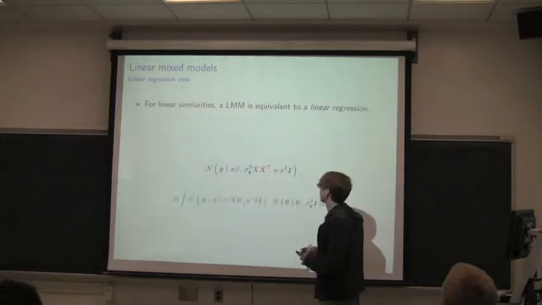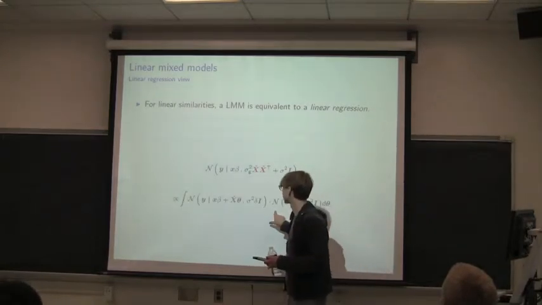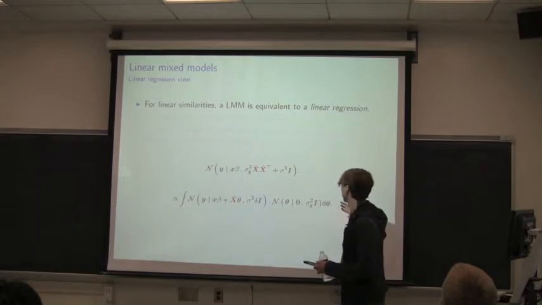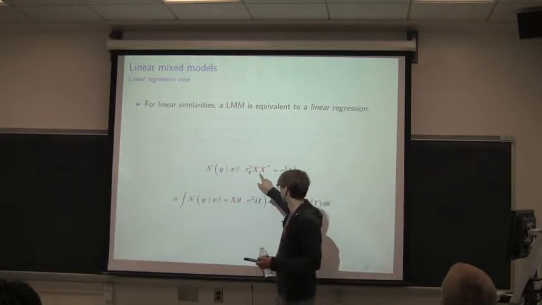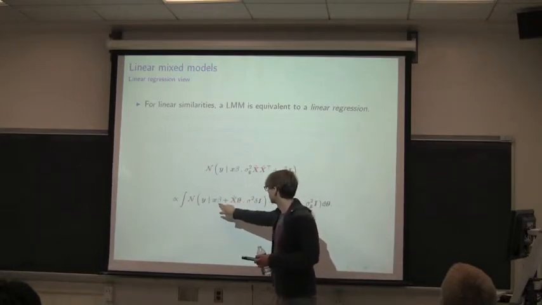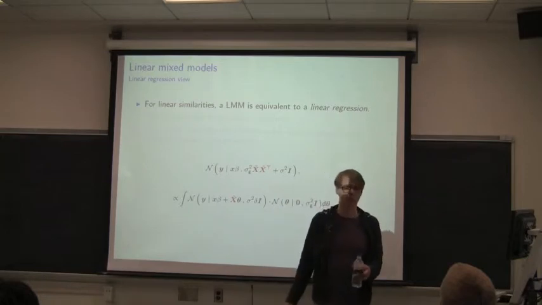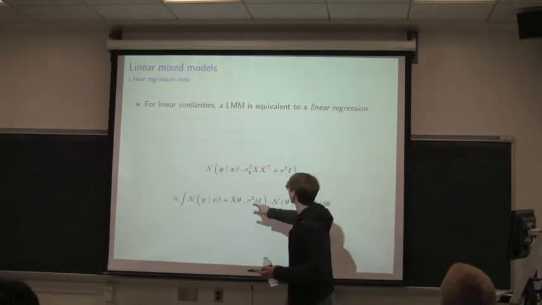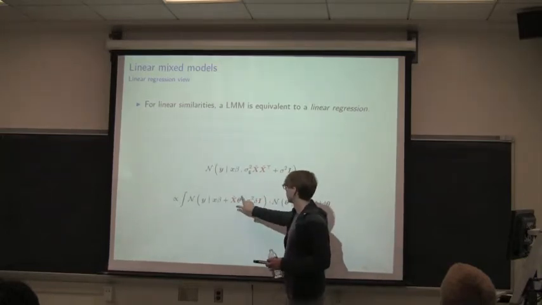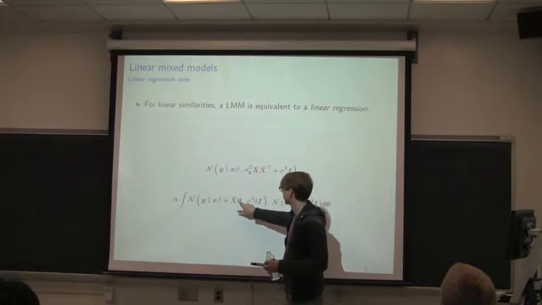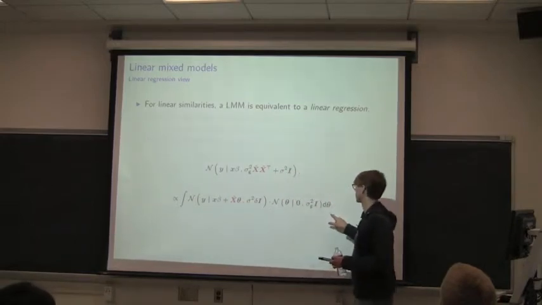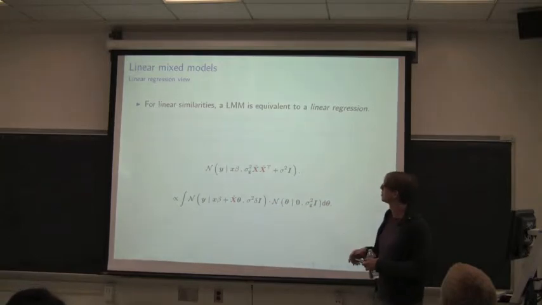And if we do the math, this turns out to be equivalent to Bayesian linear regression, where this is the SNP that we're testing, and we have all the other SNPs genome-wide that we used to compute this K matrix as covariates in this linear regression, but we integrate over the weights.